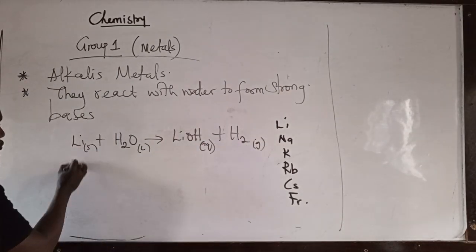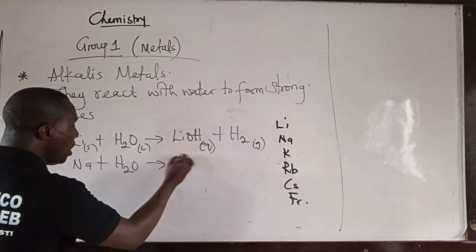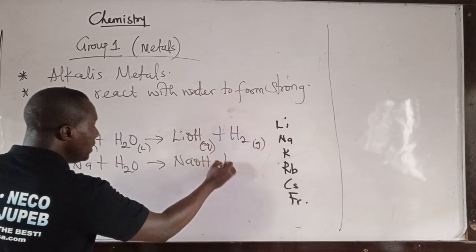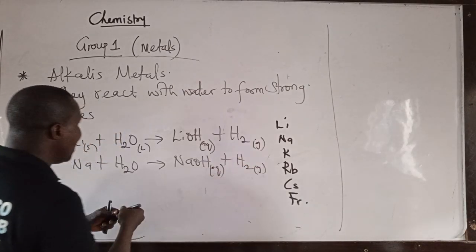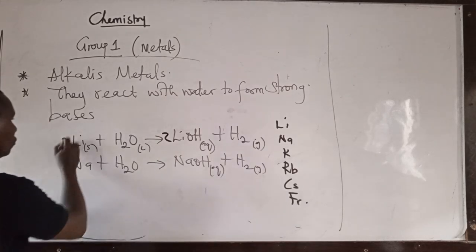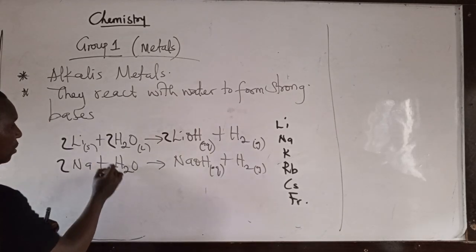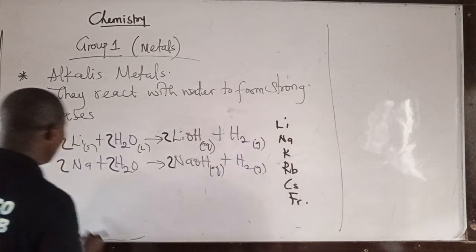When you have sodium plus H2O, you have sodium hydroxide with the liberation of hydrogen gas. You can balance the equation by putting 2 in the appropriate places. The equation is balanced. Hope that you know how to balance the equation.